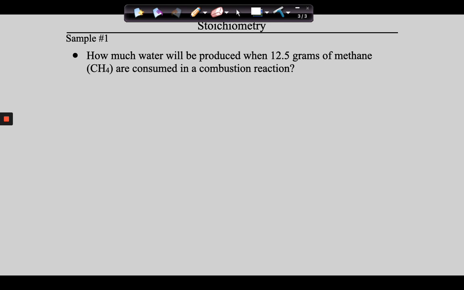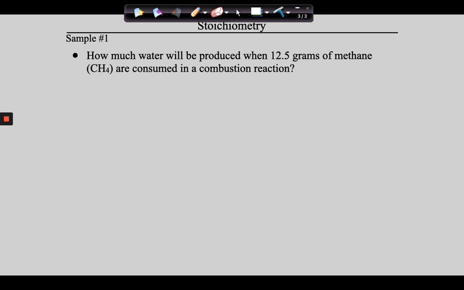So 12.5 grams is about 3/4 of a mole. So guys, this is about 15 liters. So if you could imagine about 8 2-liter bottles, that's about how much natural gas we're talking about. So if you took 8 2-liter bottles of natural gas, and if you lit it on fire, how much water are you going to get out?